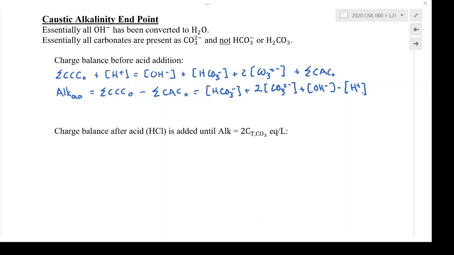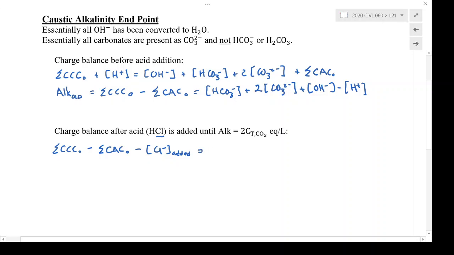So my new charge balance is going to have all the same things as before, but now I need to add a chloride ion to represent the acid that's added during the titration. I have the CCCs, same as before, and the CACs, and I have my initial CACs, but I also need to include the chloride that's added with the acid addition.